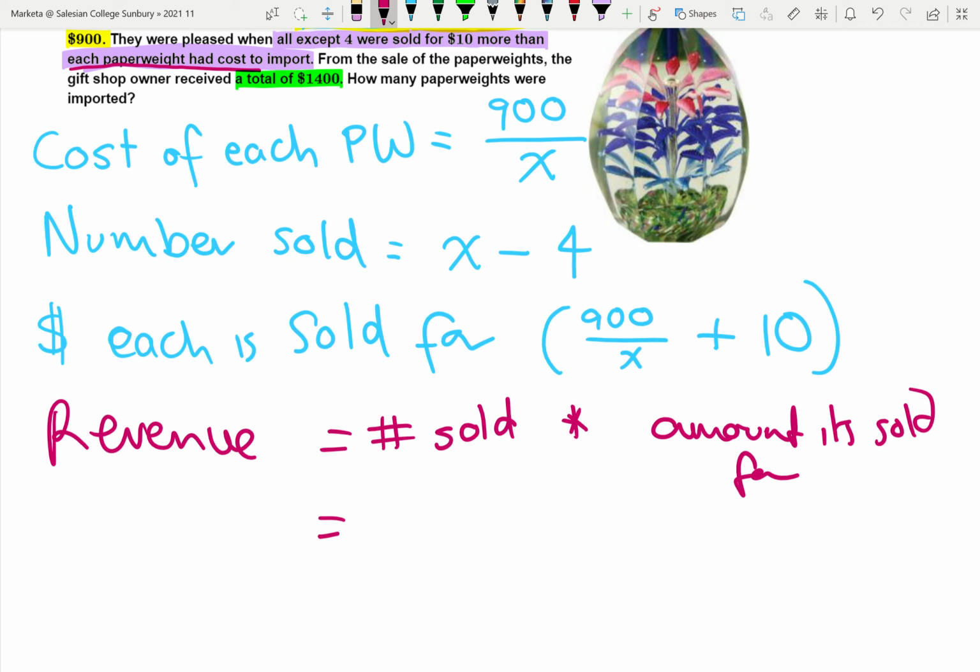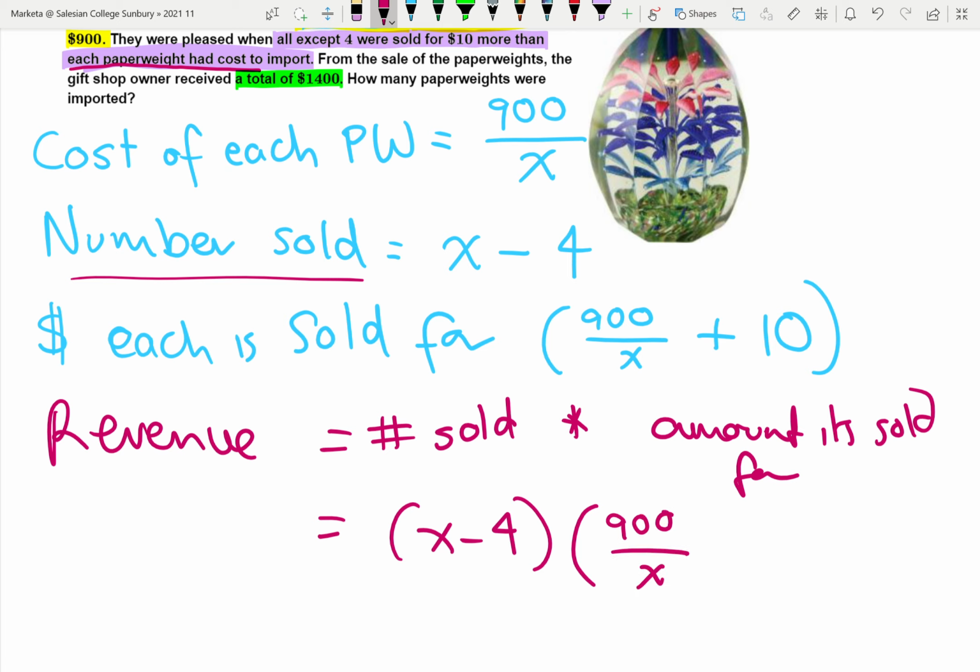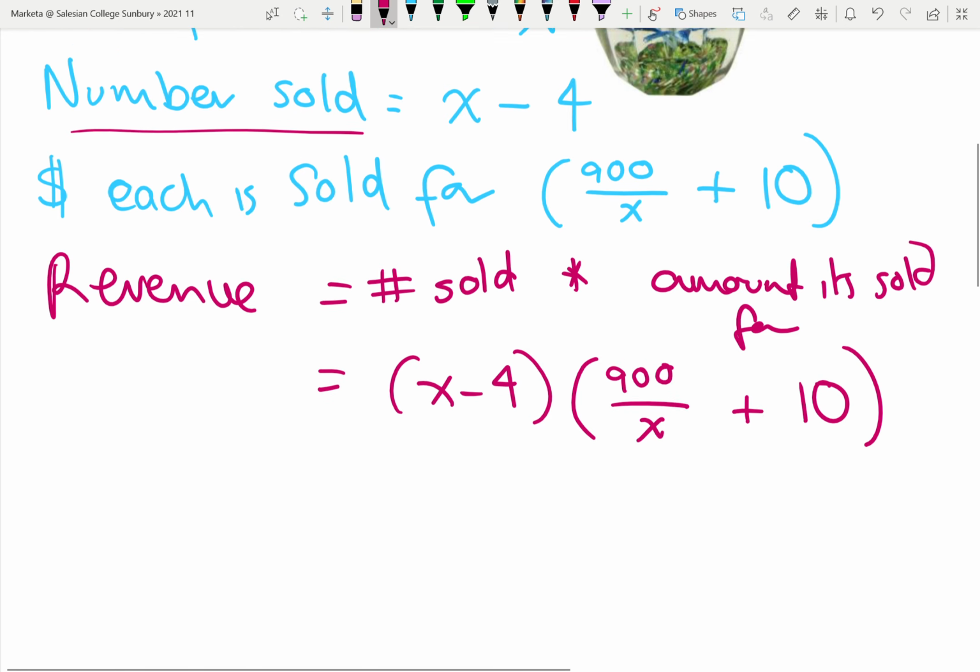The number sold is X minus 4, and the amount it's sold for is 900 over X, the amount it costs, plus $10. If it costs $5 to buy one, you'd add 10, so it'd be $15. If it costs $3, it's $13.